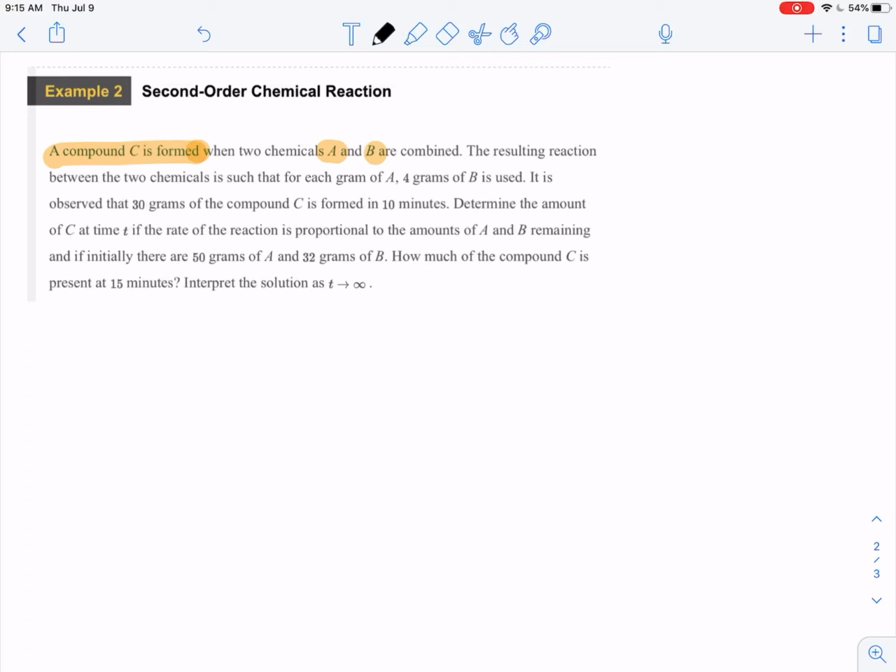And when you're doing these, you're going to want to use this notation here, dx dt, equal to some variable k, and then it's A. Actually, it's not A. They like to write it as alpha. So alpha minus x, and then beta minus x, like that.